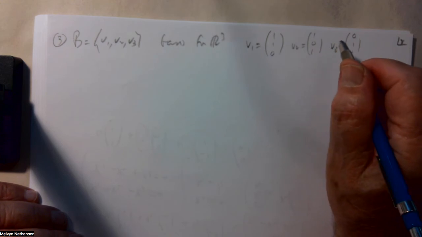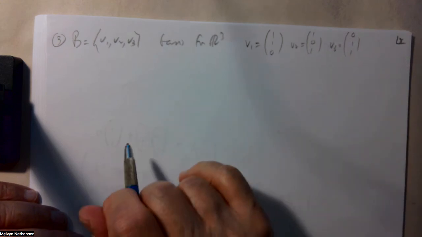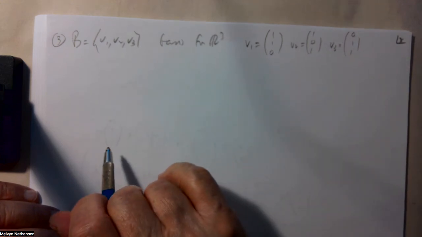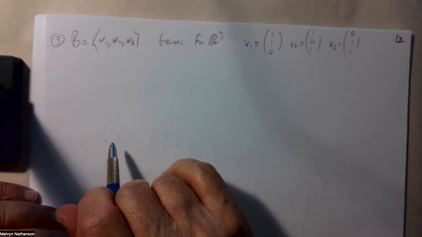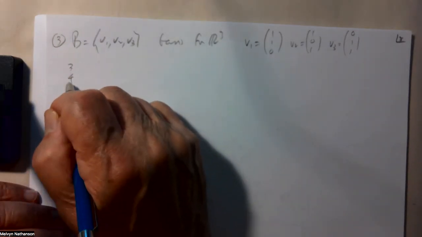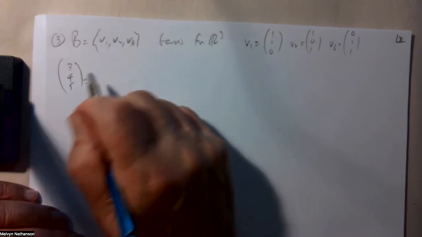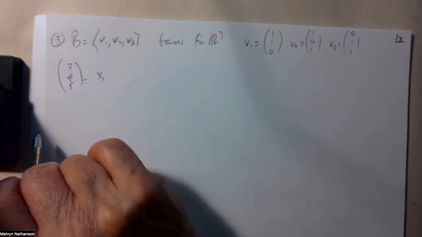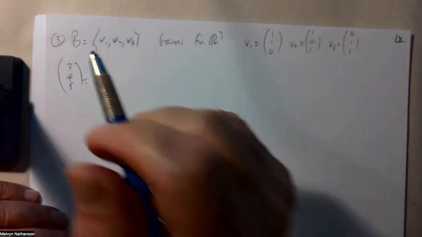And I want to compute the coordinate vector for (3, 4, 5) with respect to this basis. What this means is I want to take the vector (3, 4, 5) and write it as a linear combination of B1, B2, and B3.